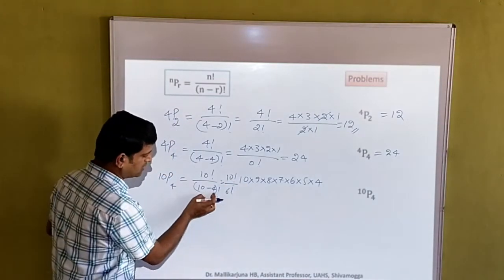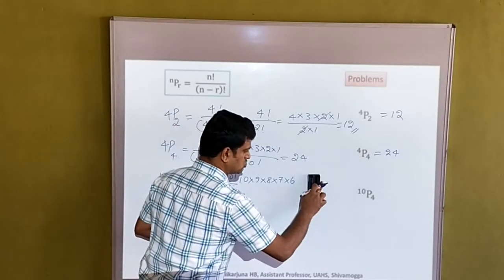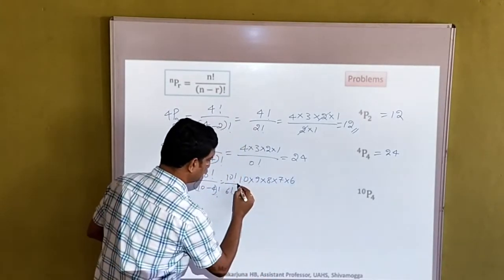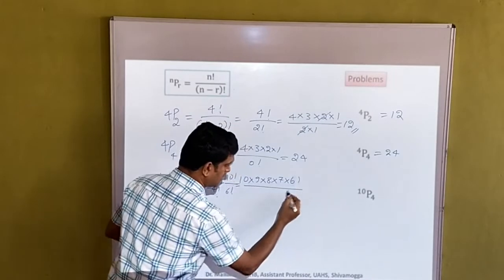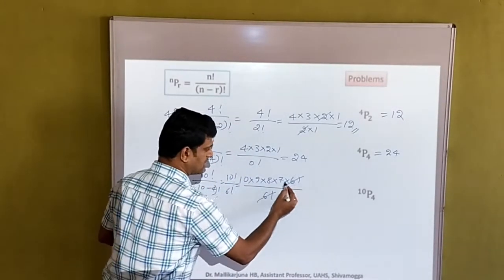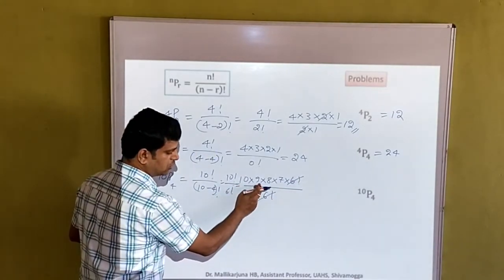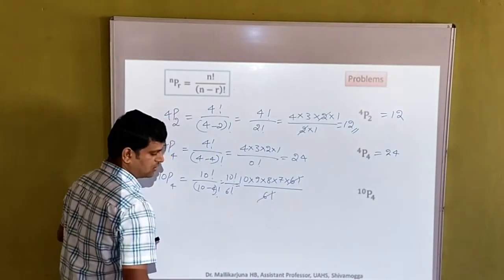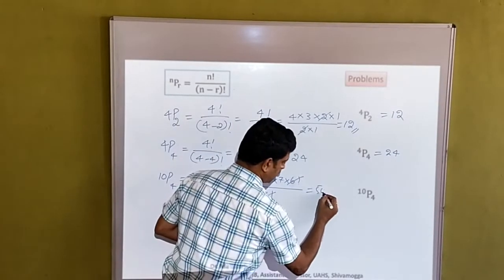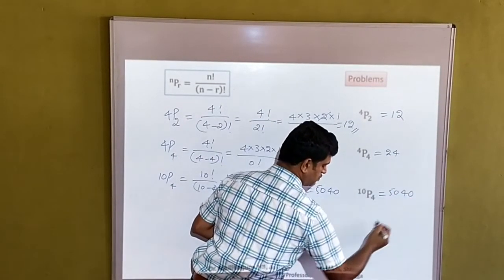Instead of writing the full thing, I can stop here. 6 factorial over 6 factorial, so we can cancel directly. So 10 into 9 into 8 into 7 is equal to 5040. So 10P4 is 5040.